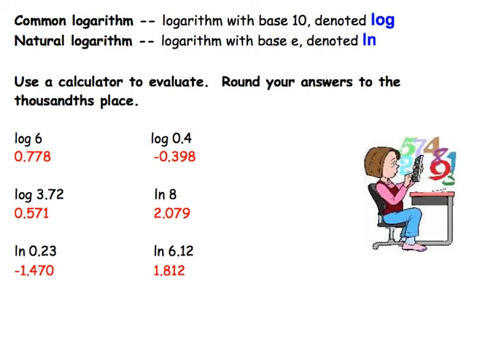Natural log of 6.12 is 1.812. Notice that when you take the log of a smaller decimal, one that is less than 1, we're getting a negative answer. If it's a number less than 1 that you're taking a log of, whether it's a common log or a natural log, you're going to get a negative answer.